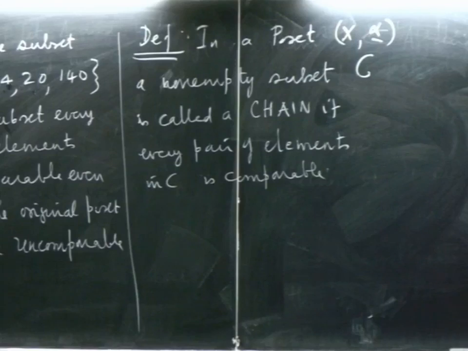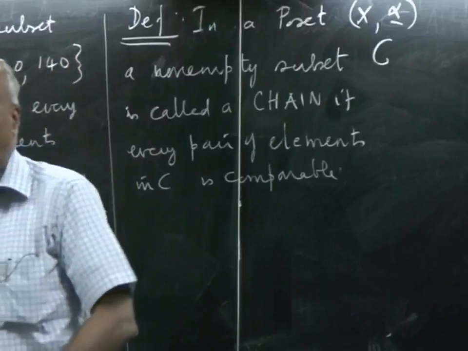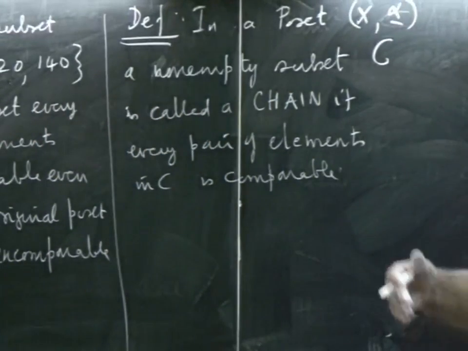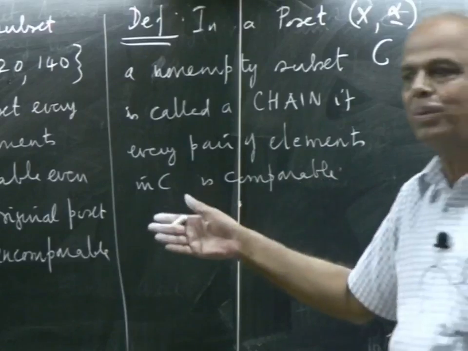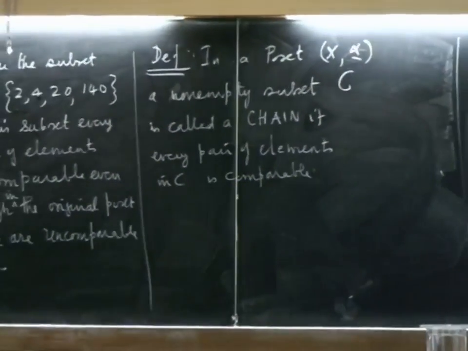So, can you tell some chains in that poset? For example, if I take all the powers of 2, 2 squared, 2 to the power of 4, 2 to the power of 7, 2 to the power of 8, then every pair is comparable. That is a chain. Okay.